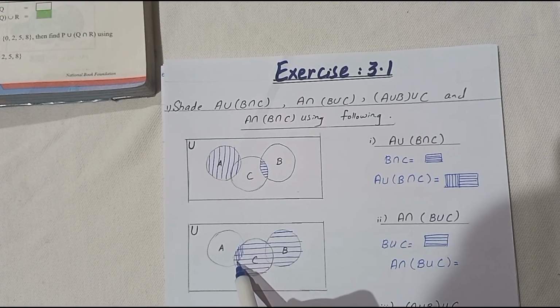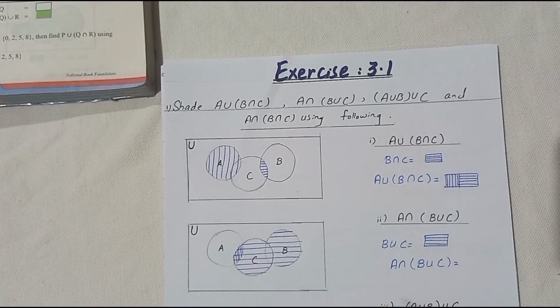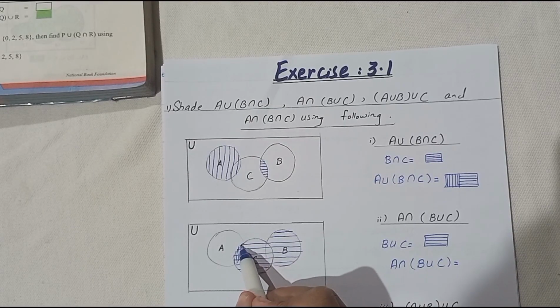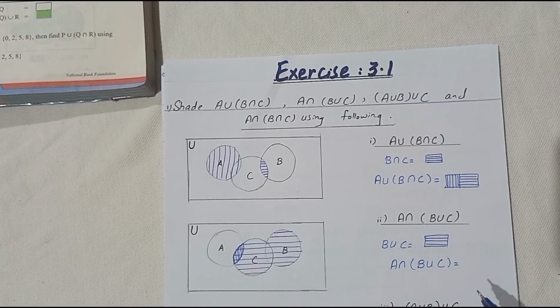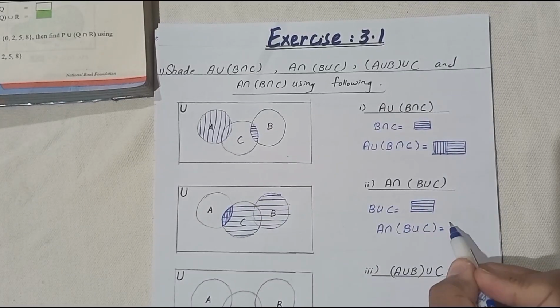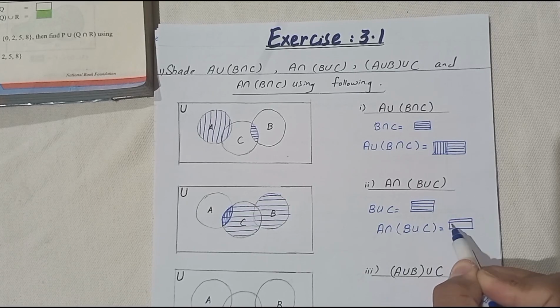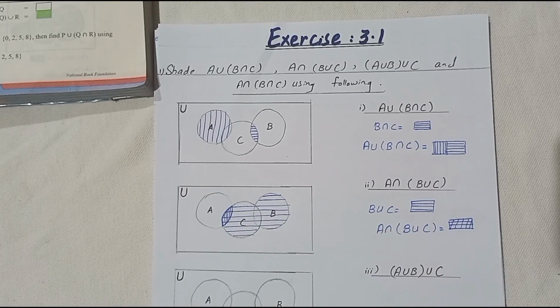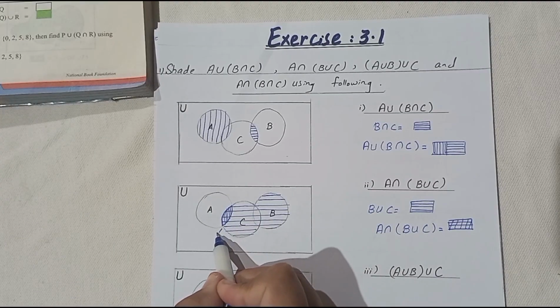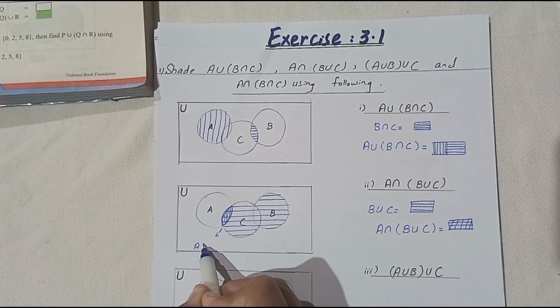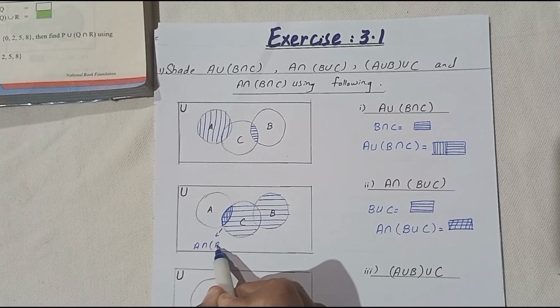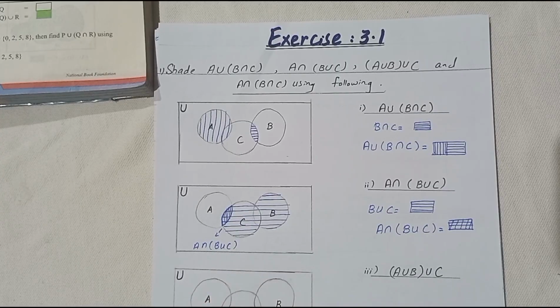This part is the common part between A and B union C, so I highlighted it with the vertical lines, and this. So A intersection B union C is represented by double lines, as you can see in the diagram. This part is A intersection B union C.